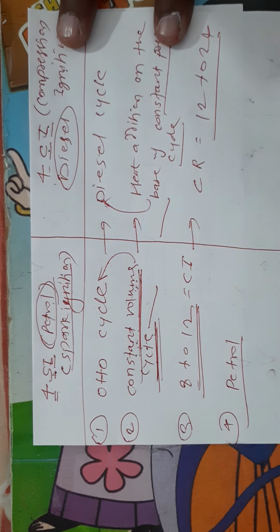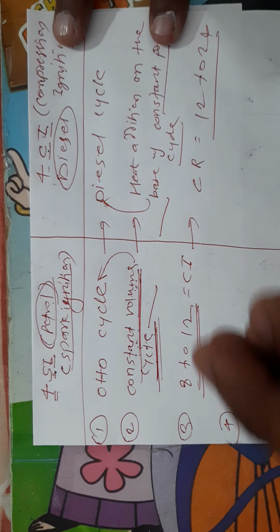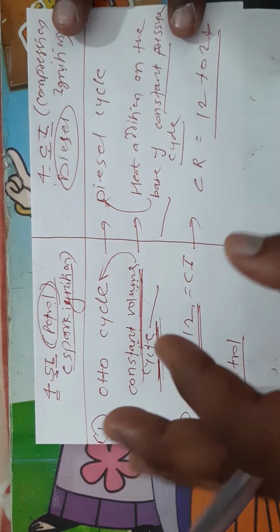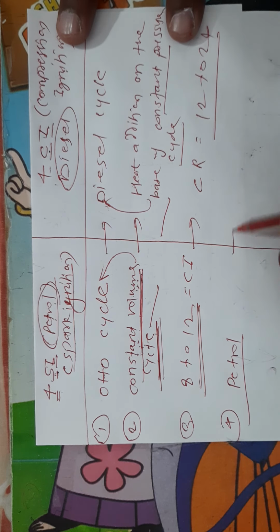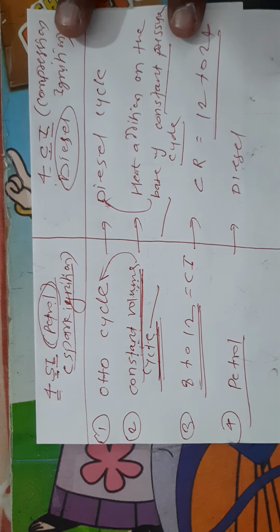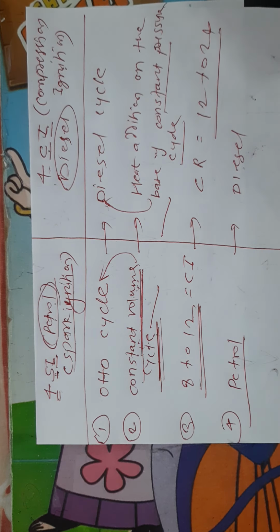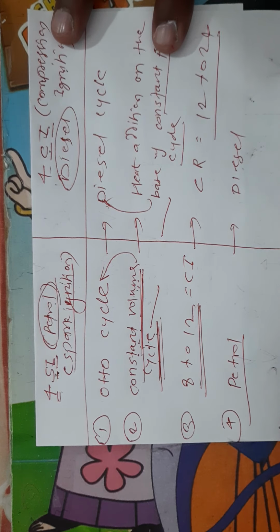Petrol is used as the medium for working our SI engine. Are you getting me, my dear students? And here we are using diesel in our compression ignition engine. So petrol is used to start our spark ignition engine, and here diesel is used to start our compression ignition engine.